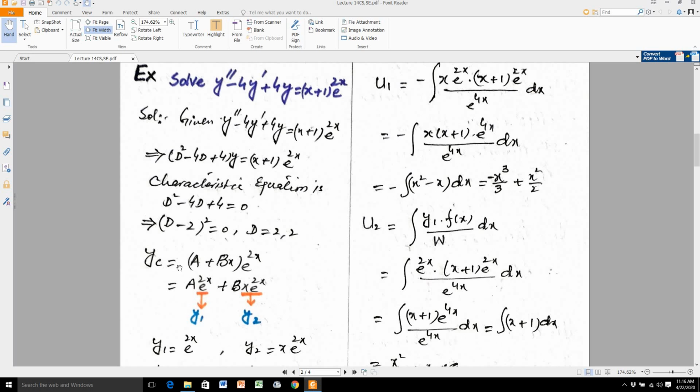So our characteristic solution is a plus bx then e raised to the power 2x.